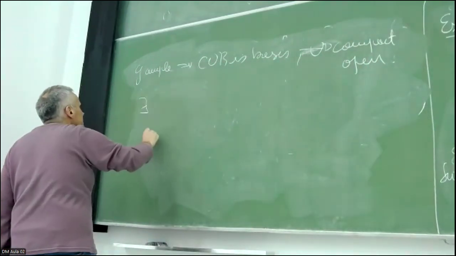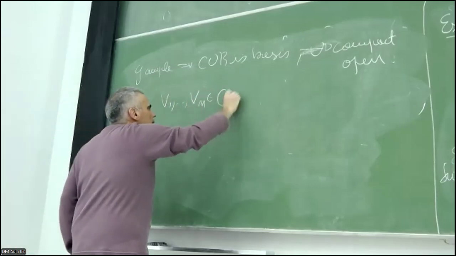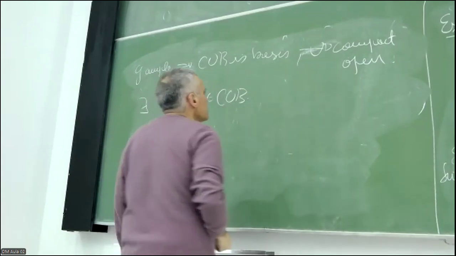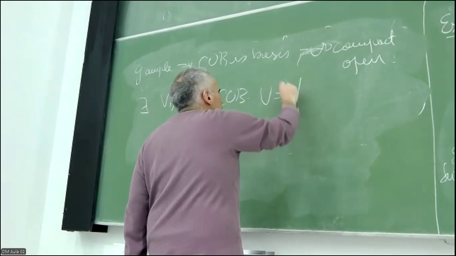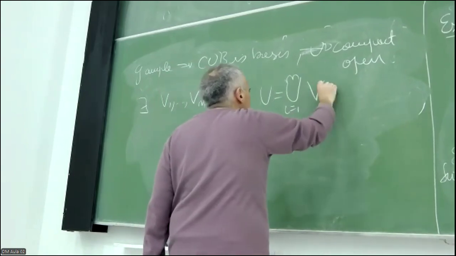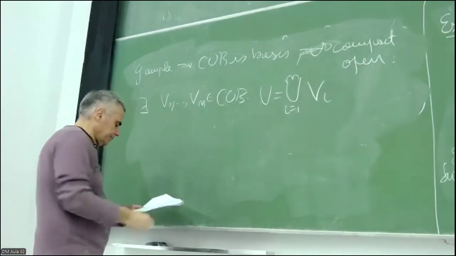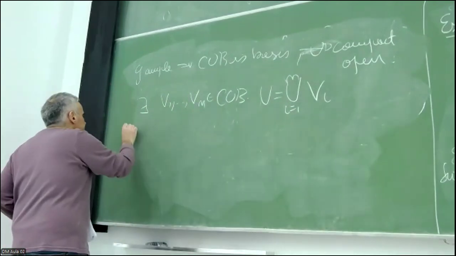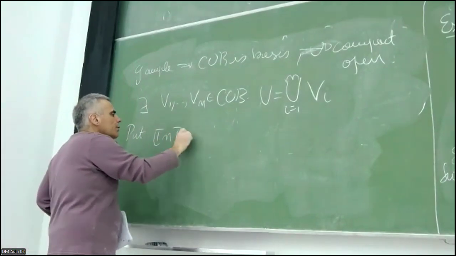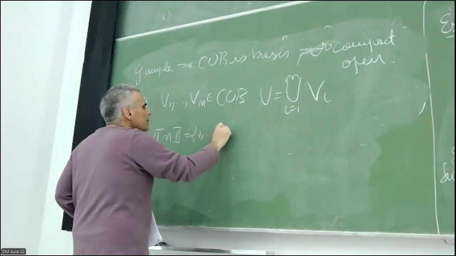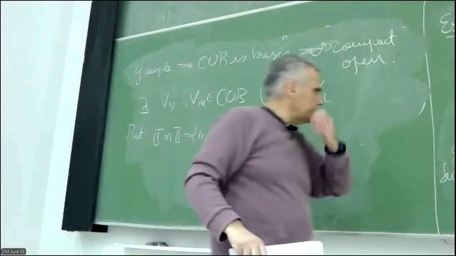So there exist B1, ..., Bn compact open bisections, so that U is the union from i equal to 1 up to n of the Bi. Now put this symbol to mean the first n natural numbers, which are the indexes of my union.